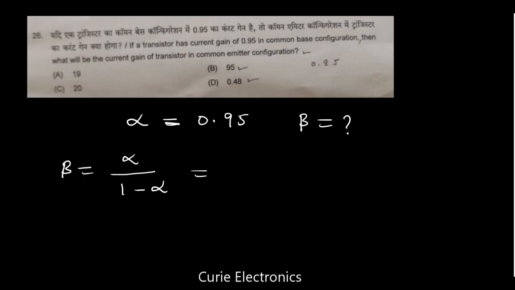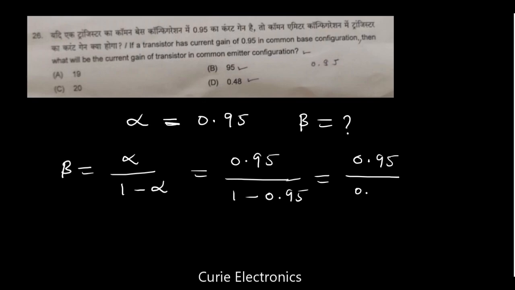What is the value of alpha? 0.95. 1 minus 0.95 equals 0.05. If you multiply numerator and denominator by 100, we get 95 upon 5, which is equal to 19. So 19 is the answer.